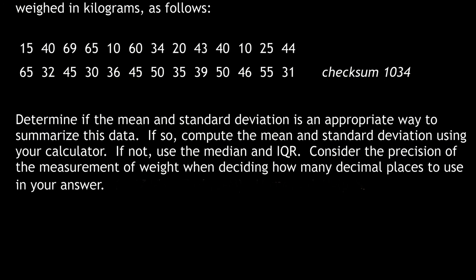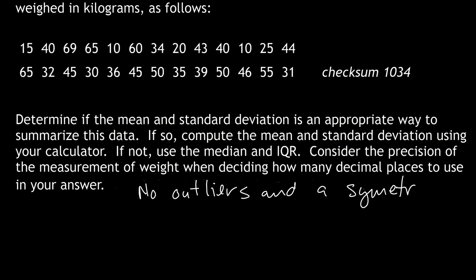So let's go ahead and write down our summary. I would say no outliers and a symmetrical data set indicate, we good to go.